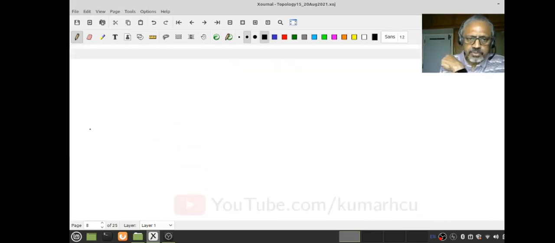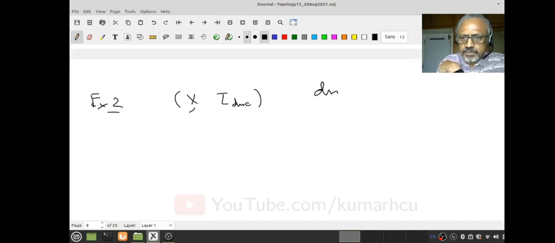Now let's look at example 2, (X, tau) discrete. This is a discrete topology, right? Now you will see my idea of the simplest open set. What are the simplest open sets containing a given element?